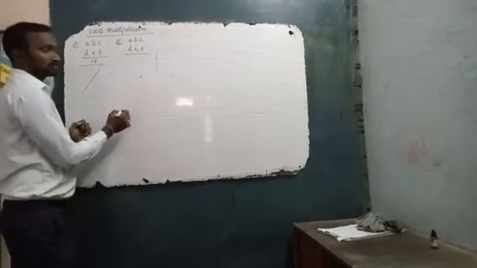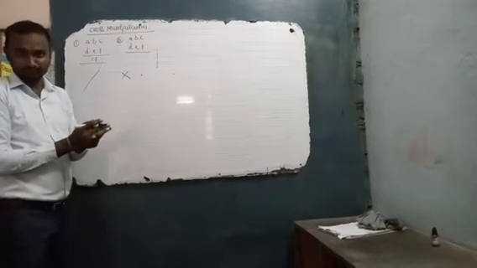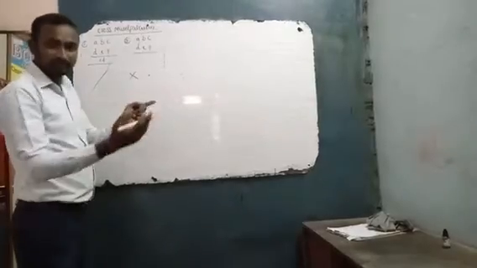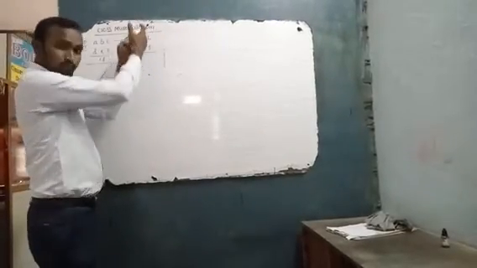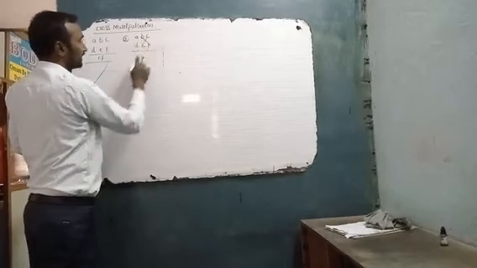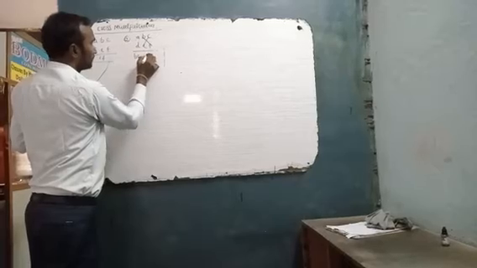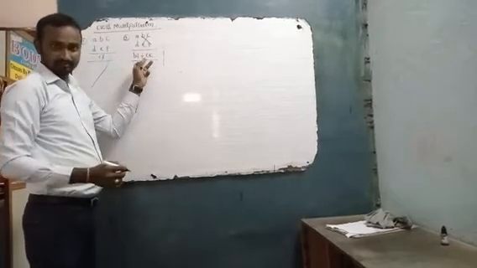Whenever you have a multiplication of two columns, simply you can take into symbol, means you can take like this. Now which becomes BF plus CE.